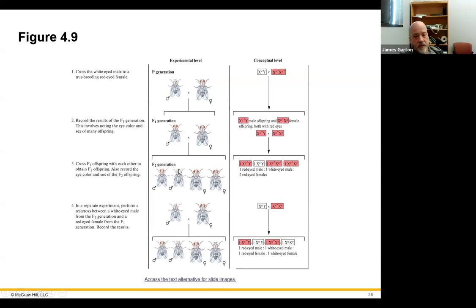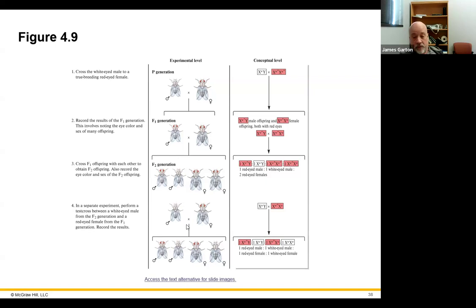But then they looked more carefully. And if you notice, only the males in that generation had white eyes. And so what they did was they did a reciprocal cross. You take this white-eyed male from the F2 generation and back cross it to a red-eyed female from F1.